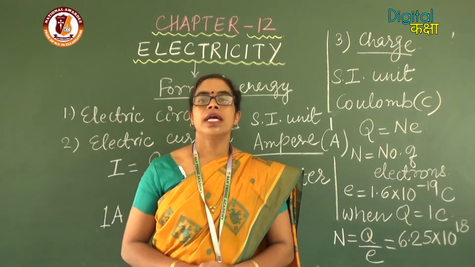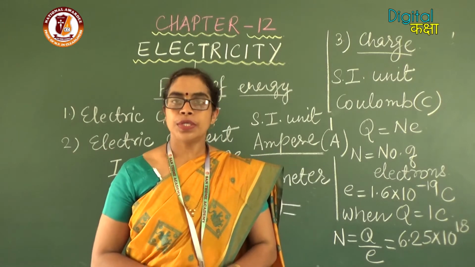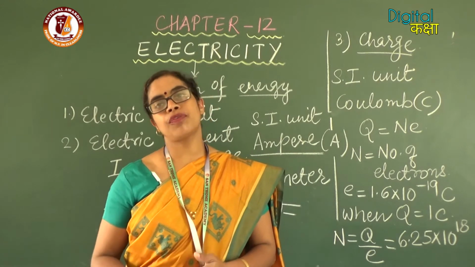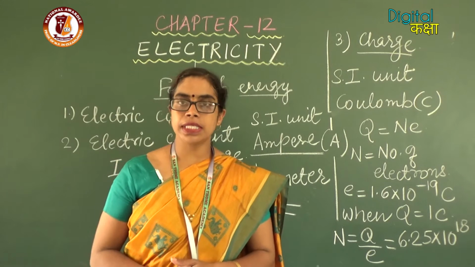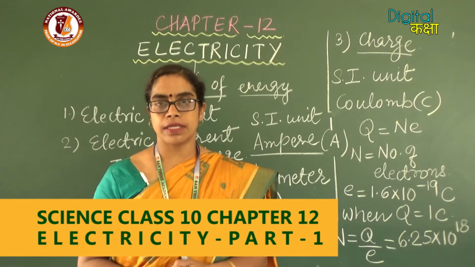So, charge is the physical quantity possessed by objects due to which they are attracted to or repelled from each other. Like charges repel each other and unlike charges attract each other.